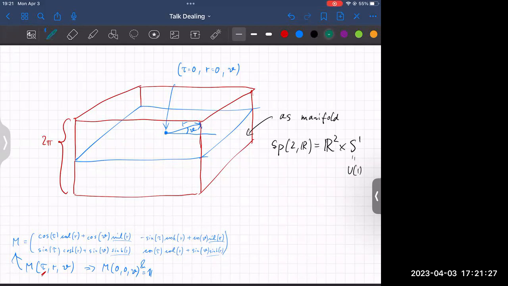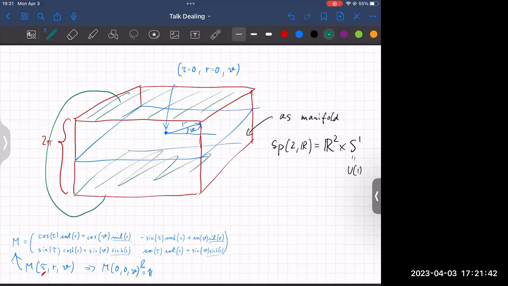In particular, the plane up here you can think of as a portal in the game. The portal is identified with the plane underneath.